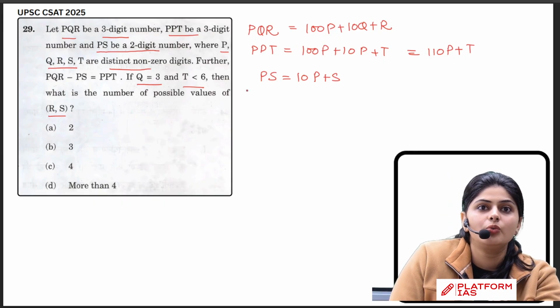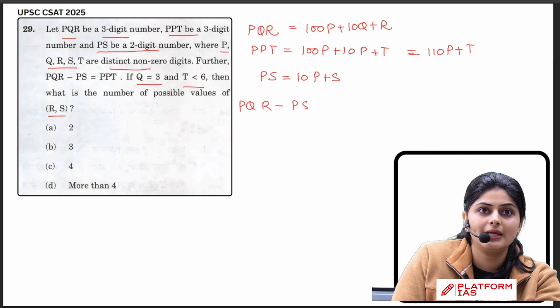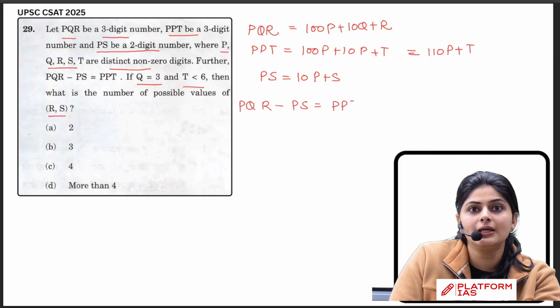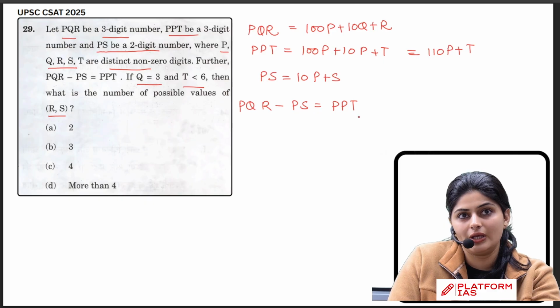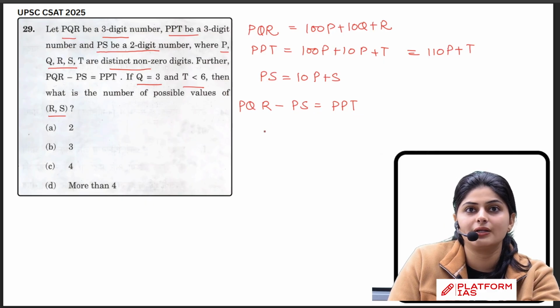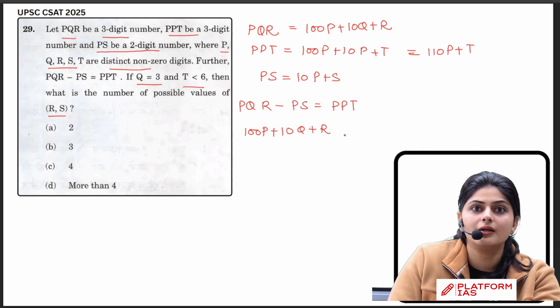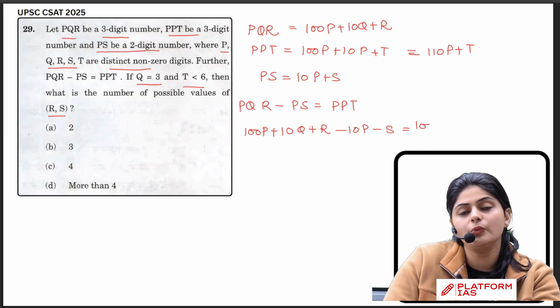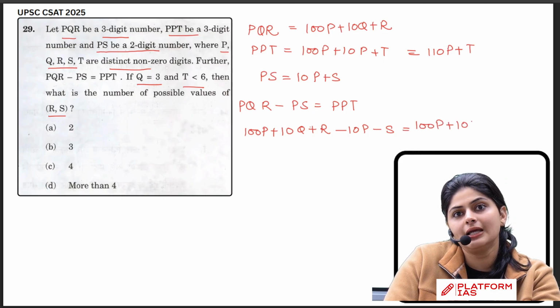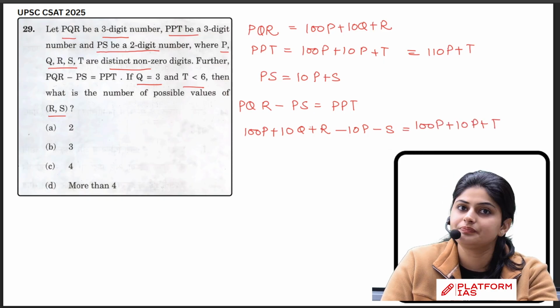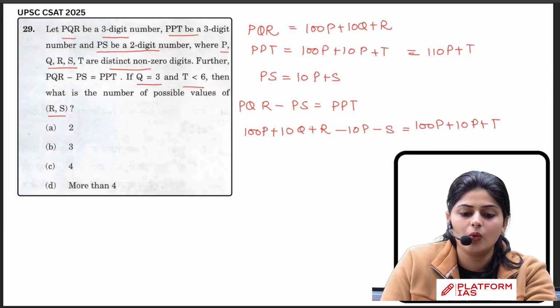Further, there's a relation given to me: PQR minus PS is equal to PPT. Now replacing this equation with the expanded form, we get 100P plus 10Q plus R minus 10P minus S is equal to 100P plus 10P plus T. Now solving it, what we will get?